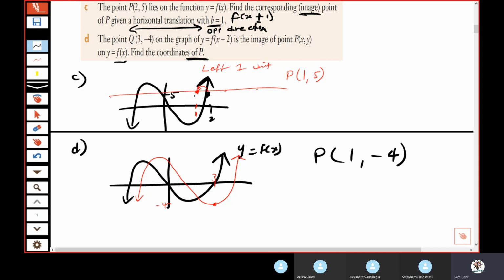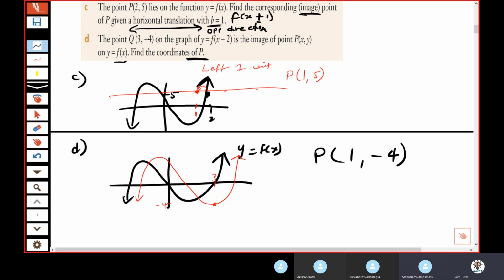And do you feel like the way I just did it now? So I said, okay, the point Q is somewhere here on this new graph, and we've got an original graph, which obviously would have been somewhere here, whatever. I'm just trying to apply it more visually and make you actually understand what you're doing and why you might be adding 2 here compared to here where we actually subtracted 1. Do you feel like it makes more sense?